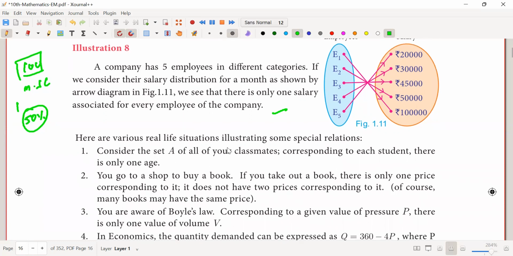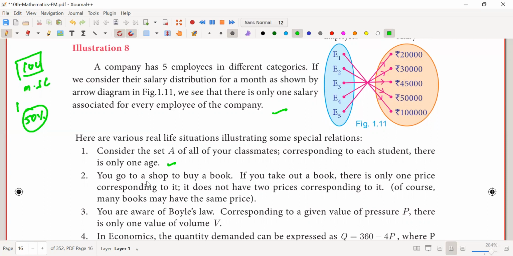Here are the various life situation illustrations, some special relations. Consider the set A of all your classmates. Corresponding to each student, there is only one age. You can have students who are 14, 15, maximum 16 in your class.